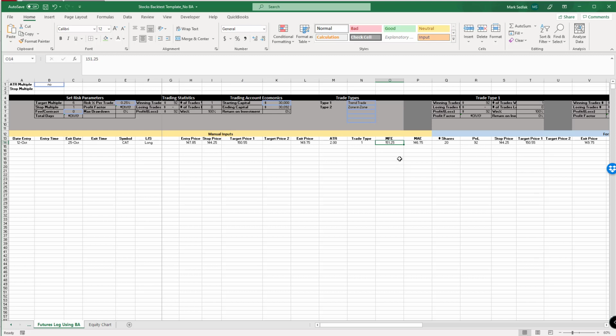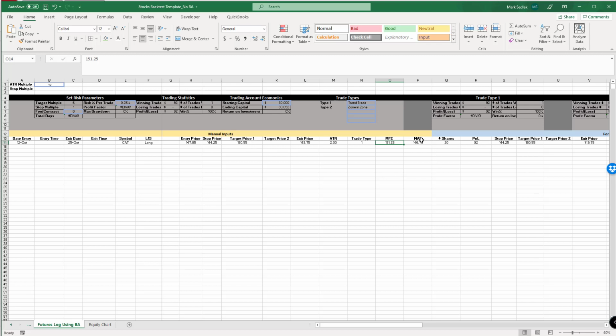I would type in 160 here. The whole purpose of this is to understand if there's more room for me to make more money inside of this specific setup. If there is, maybe this is a situation where I want to consider actually going for a higher target. But unless we test this and we add it into our parameters for testing, we're not going to know.